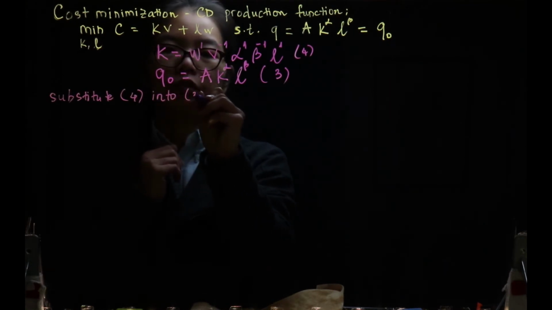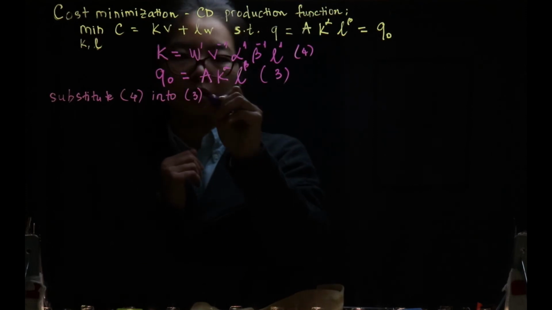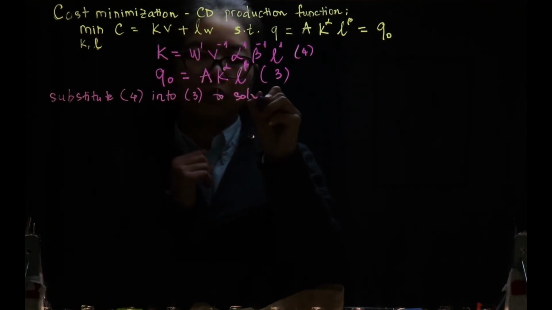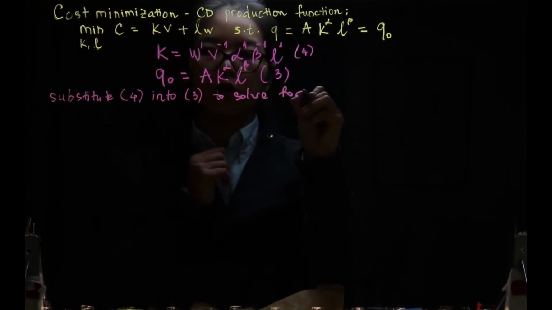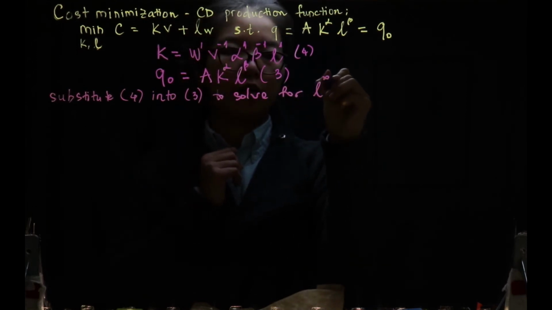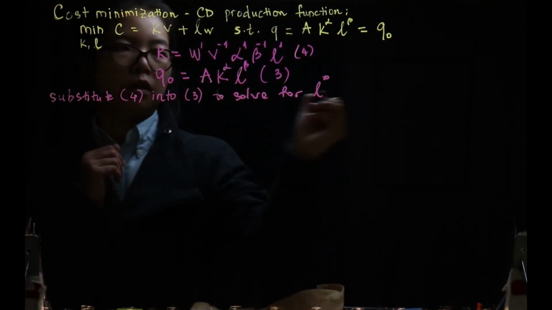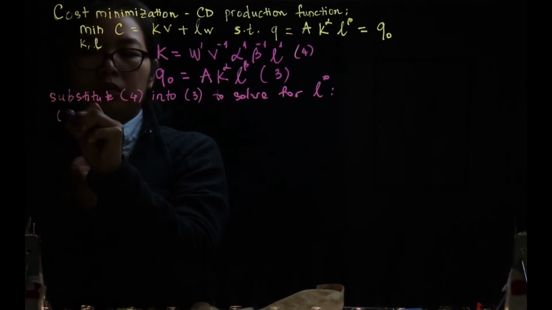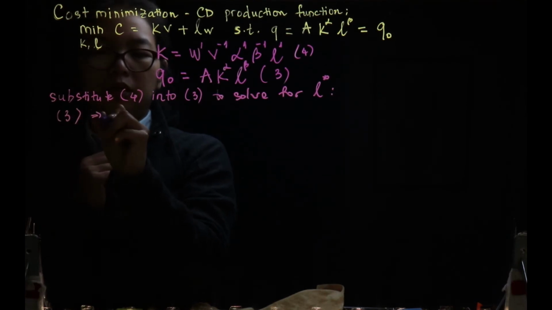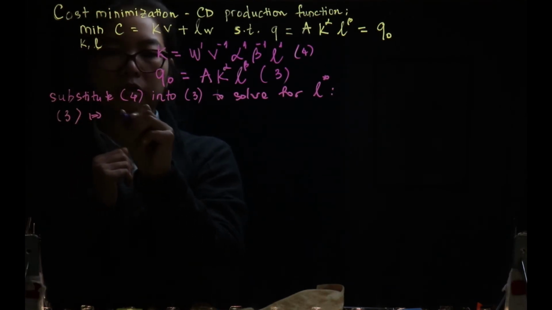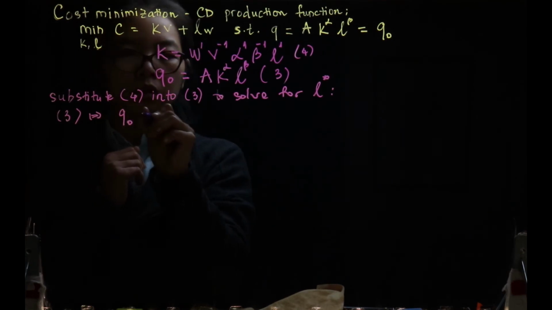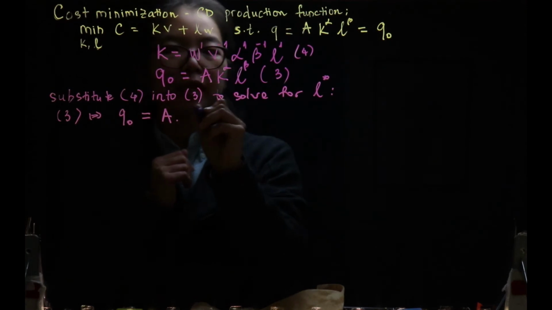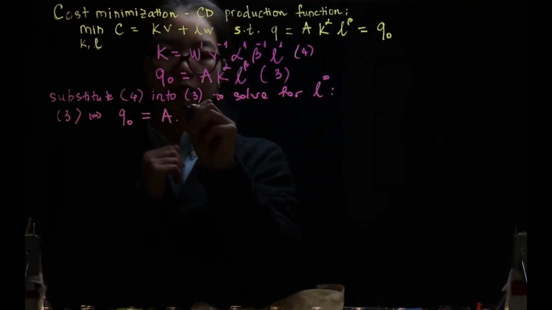Into 3, I wrote down where we stop here, to solve for L star. That means 3 will be equivalent to Q0 on one side, the other side A times K to the power of alpha.